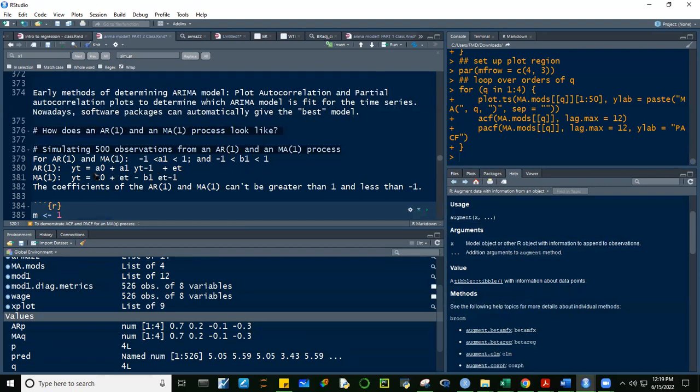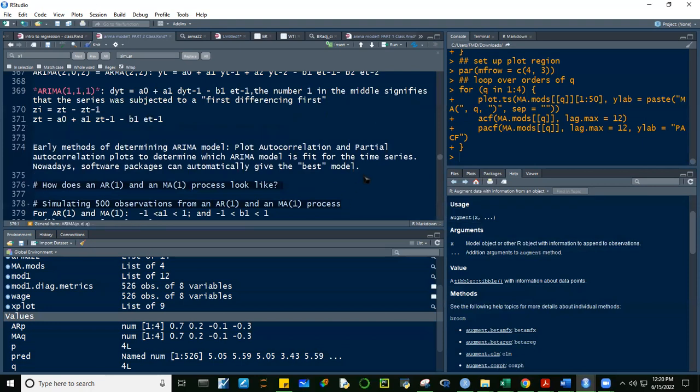So, for example, ito equation natin, AR1 process is A1 times Y sub t minus 1 plus epsilon sub t. Ganun din si MA1. The coefficients of the AR1 and MA1 can't be greater than 1 and can't be less than negative 1. Yung absolute value niya should be less than 1 always. Okay, naulit lang yun siya.